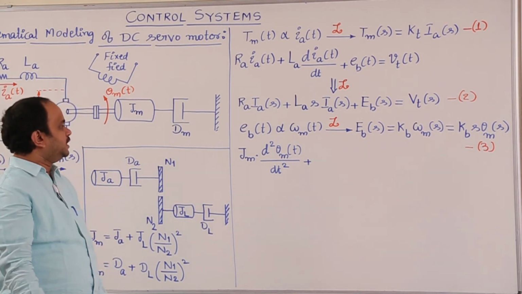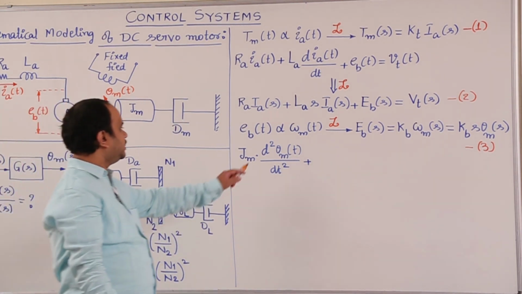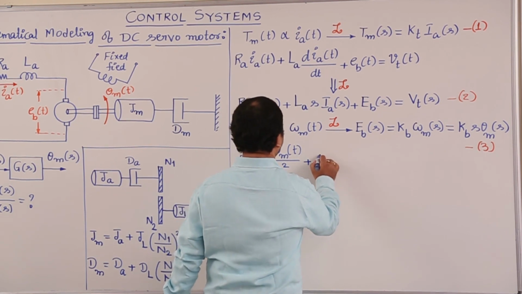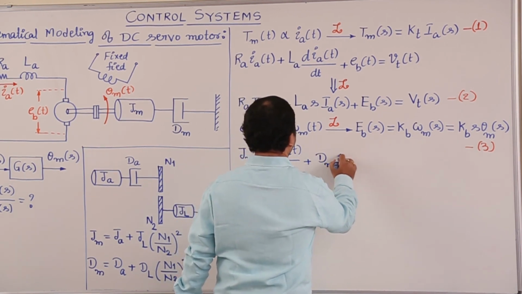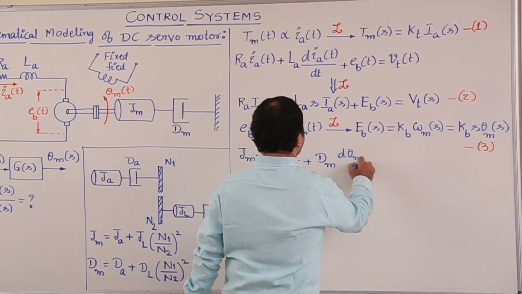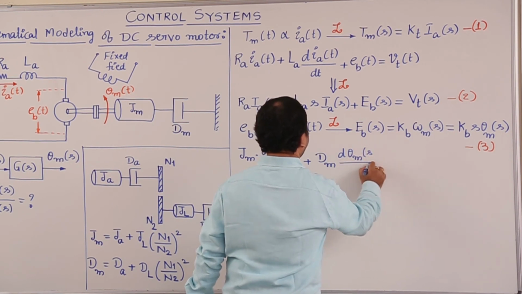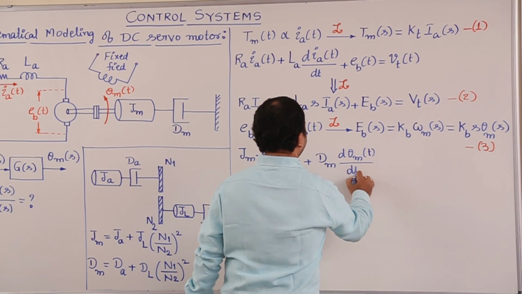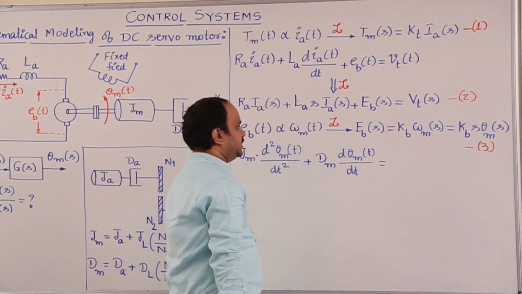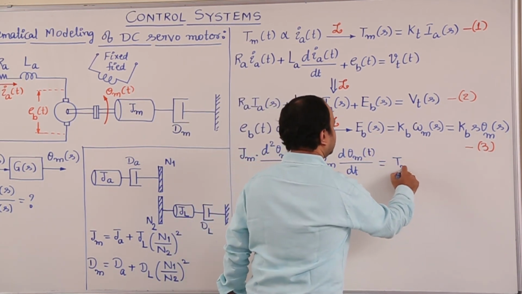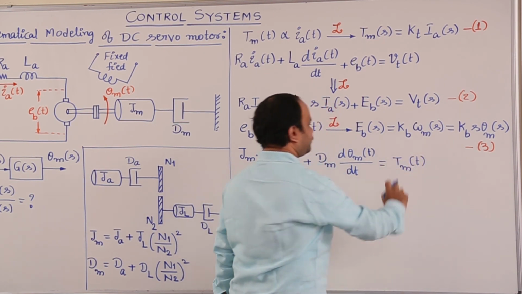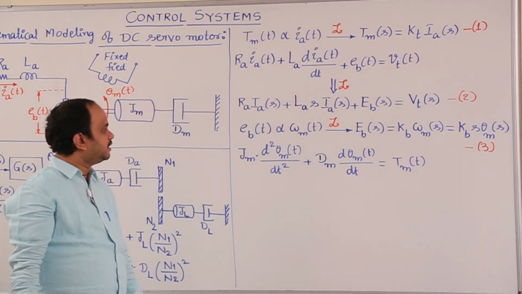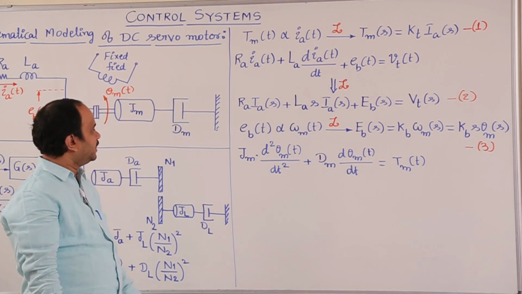Jm into d square theta by dt square plus Dm into d theta by dt. This is equal to Tm of t, the torque developed by the motor.